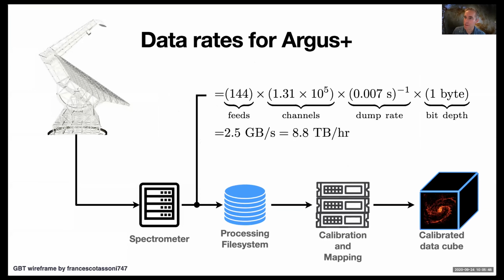Now, what's interesting that I found out with the Argus instrument is that there's a fairly substantial data rate coming off of the instrument if you're operating at full out. So my back of the envelope number here is to take the 144 feeds of the receiver, multiply it by the nominal 131,000 channels, and a 7 millisecond dump time that we were talking about to get the fast mapping rates, and using 1 byte for your bit depth here, you're putting 8.8 terabytes an hour into your processing file system.